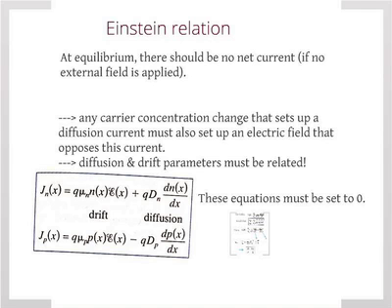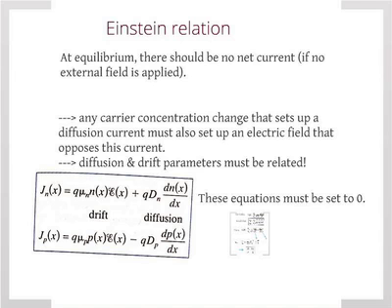So this built-in field, and we'll talk about how this appears in the next chapter. This built-in field opposes the diffusion. Of course, this built-in field means there's drift, right? The field gives rise to drift. So this drift balances the diffusion that happens. That's the equilibrium condition.